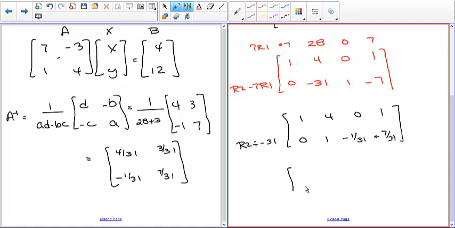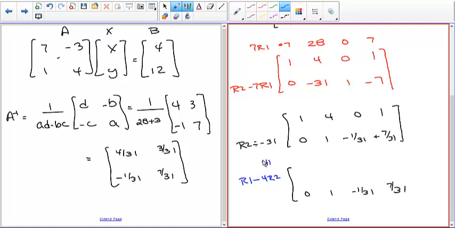So we're going to leave row 2 the same. And you can already see that the second row here matches up, so that's encouraging. What we'll do is take row 1 and subtract 4 times row 2, because this is 1, this is 4, so I need 4 times.